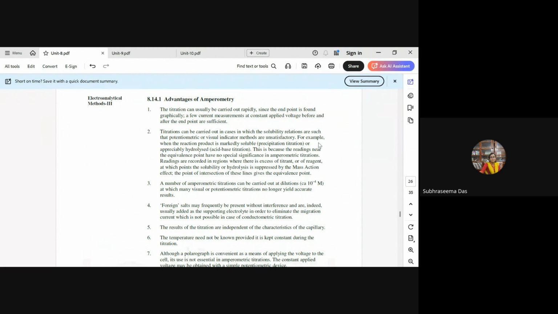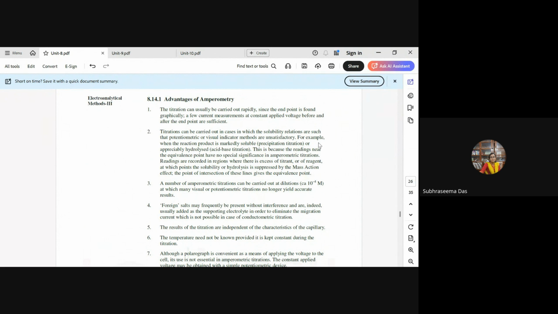The titrations can be carried out in cases in which the solubility relations are such that the potentiometric or visual indicator methods are not reliable or are unsatisfactory, for example, when the reaction product is markedly soluble or appreciably hydrolyzed.